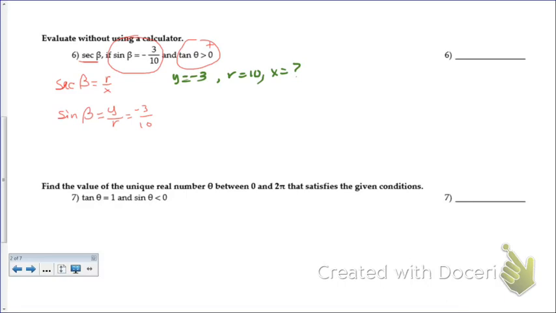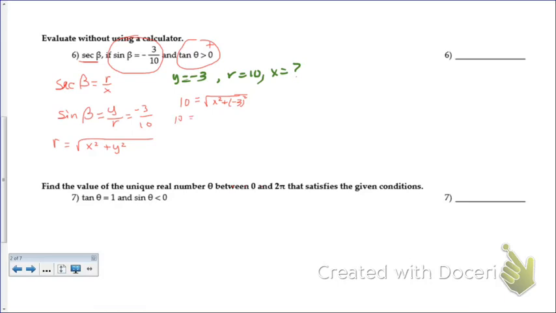So I'm going to take my y and my r, and put them in the equation. r equals the square root of x squared plus y squared. I know that r is 10, so I'm going to put 10 in, and I want to find x, with y squared being (-3) squared.